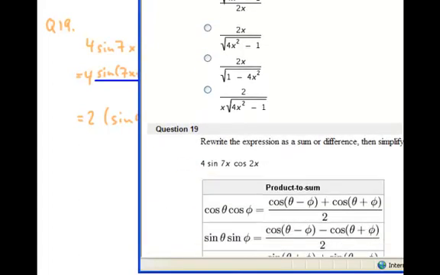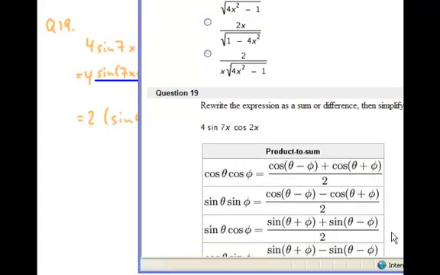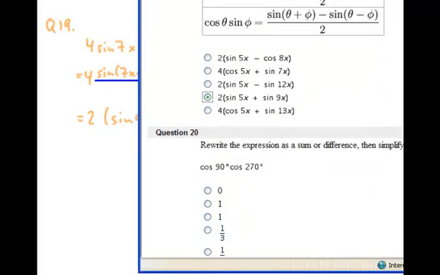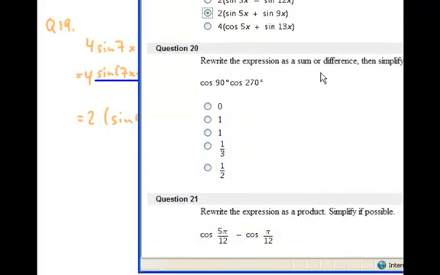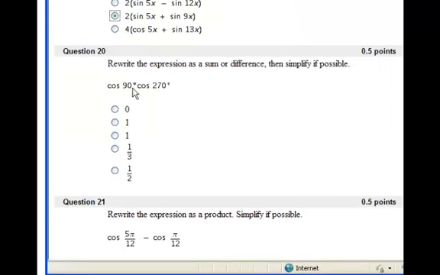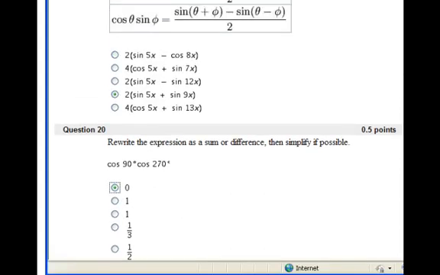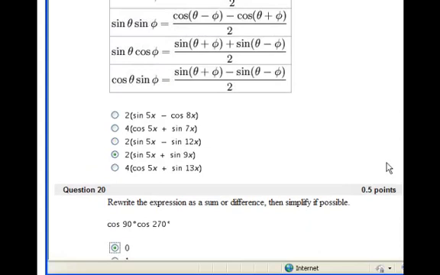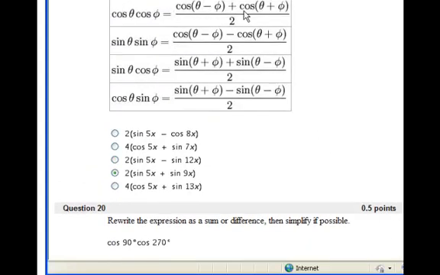So problem 20. Rewrite the expression as sum or difference and simplify if possible. Well, cosine 90 is actually 0, cosine 270 degrees is actually 0. So I know the answer right away, but what they want me to do is use this particular one right there, cosine, cosine, and so on.